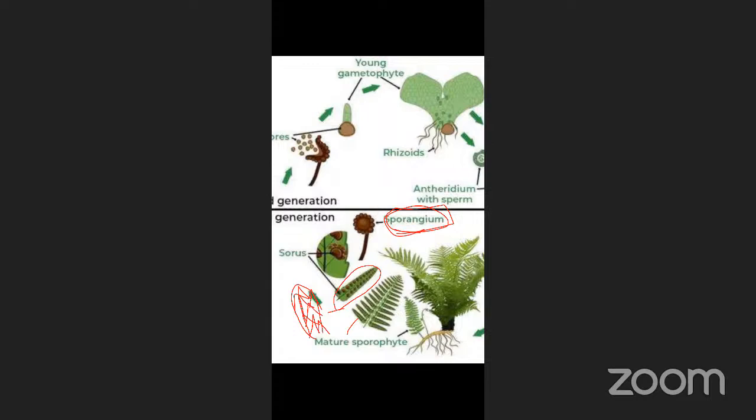For spore development, first the archesporial cell, which develops into the spore mother cell, right? After formation of the spore mother cell, what happens? Meiosis, and spores are formed. After meiosis, spore formation, right?